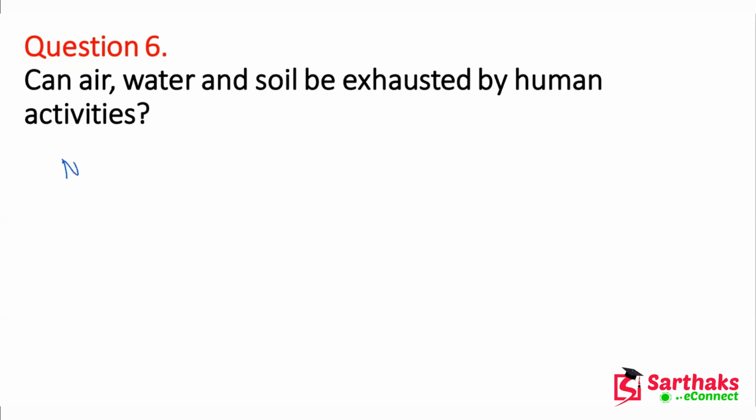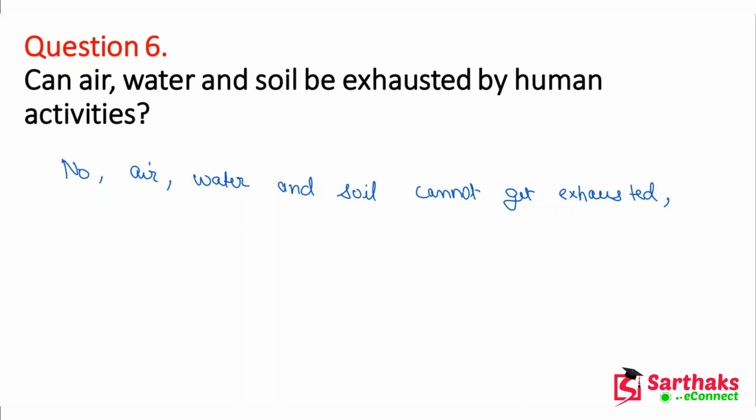So no, air, water, and soil cannot get exhausted, but they can be spoiled. That means we can spoil the air, we can spoil the water, resulting in air pollution and water pollution.